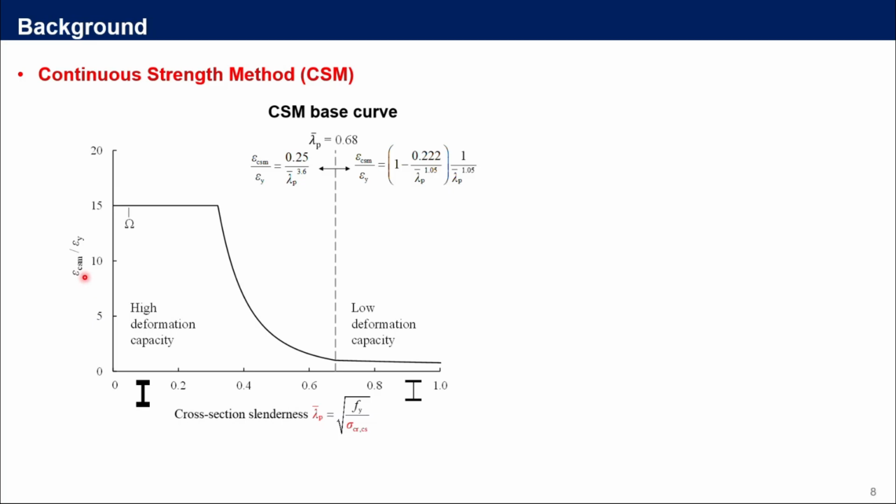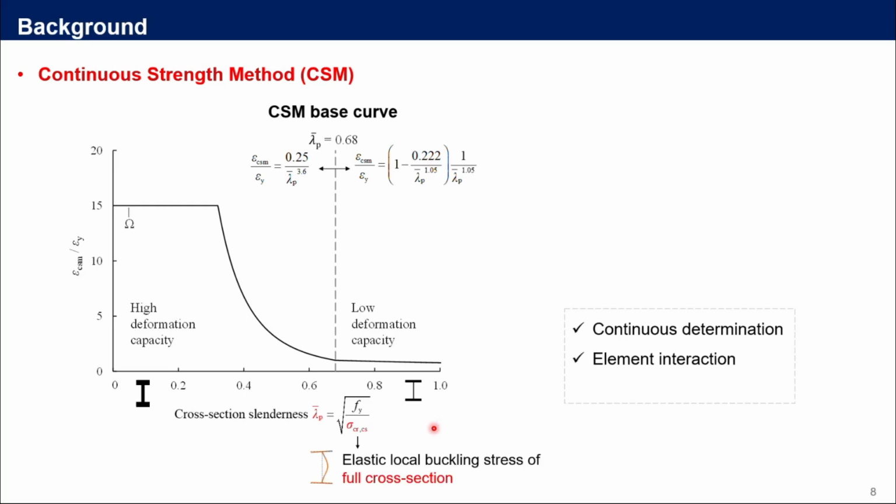And the CSM strain limit is taken as a multiple of yield strain. So here we can see that the CSM base curve allows for a continuous treatment of local buckling effects across stocky cross-sections and slender cross-sections. This is a difference between the CSM base curve and the traditional cross-section classification concept.